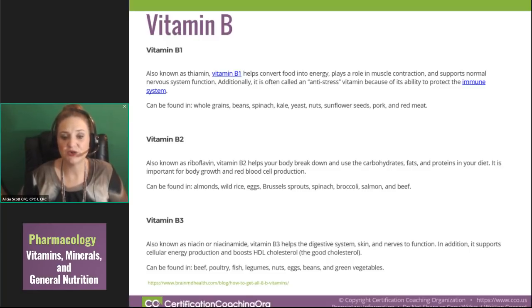And also it helps with the good cholesterol in your body. If you have problems with your digestive system, you want to increase the niacin because it helps not only the nervous system, but it helps the digestive system. So if a person has ulcers or they have upset stomach, maybe they just don't digest very well.